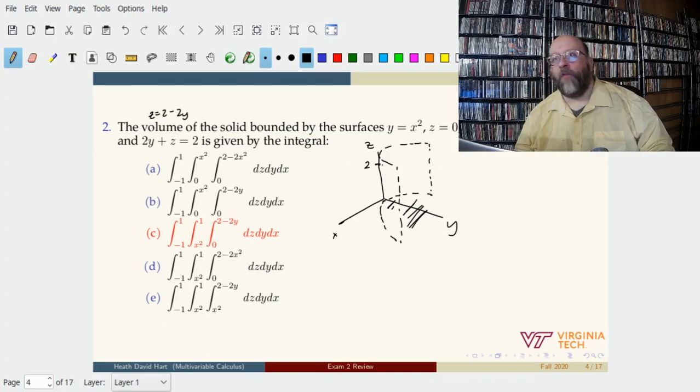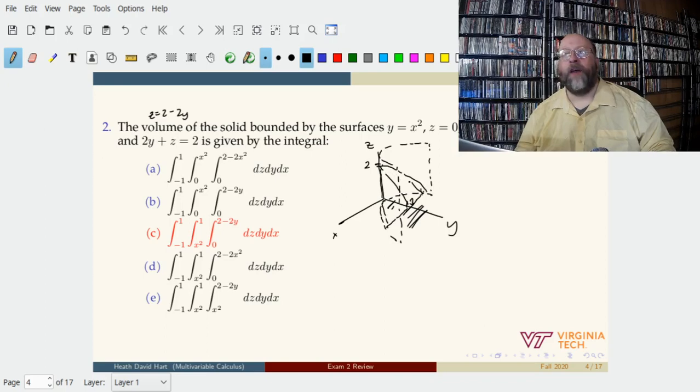And then the slope is negative 2. So it's going to drop down 2 and move 1 over in the y direction. And so it's going to cross down here at z equals 1. And this line, because the x coordinate isn't included, extends in the x direction and creates a plane.